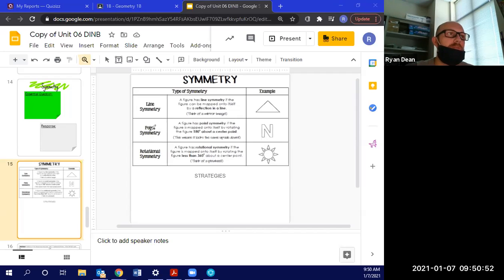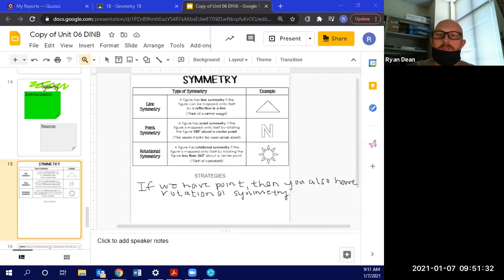If we have point symmetry, then we know that we also have rotational symmetry.